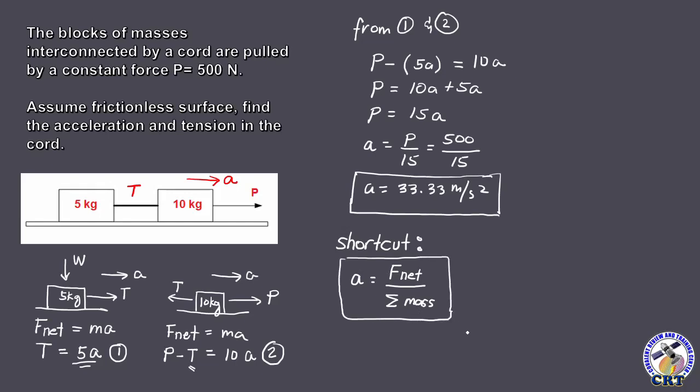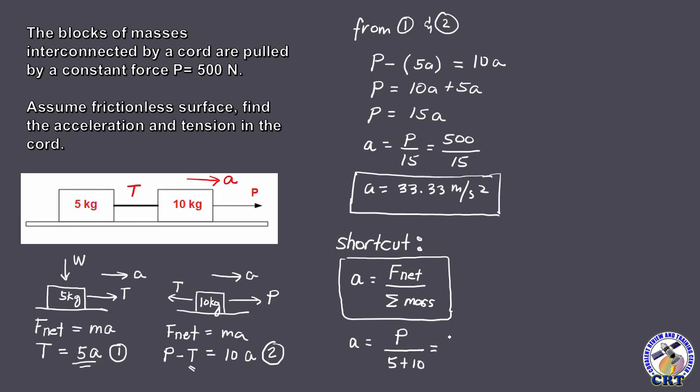So how are you going to use this shortcut? In using the shortcut, you have to consider the whole system. You don't have to break down the free body diagram of the whole system. Therefore, A is equivalent simply to the available force, which is P, over the summation of masses, which is 5 and 10.